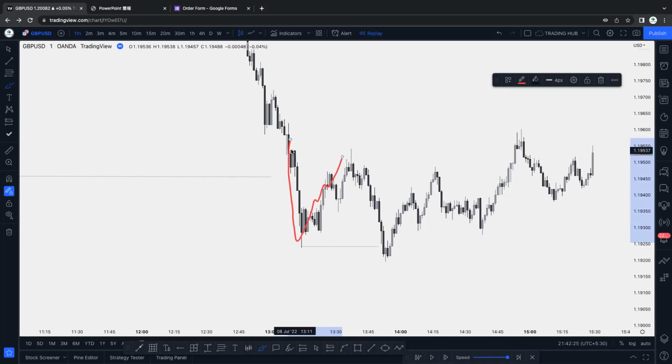I think this has taken out this inducement. Here we can buy, and another position is here. So here we can buy actually at this point.